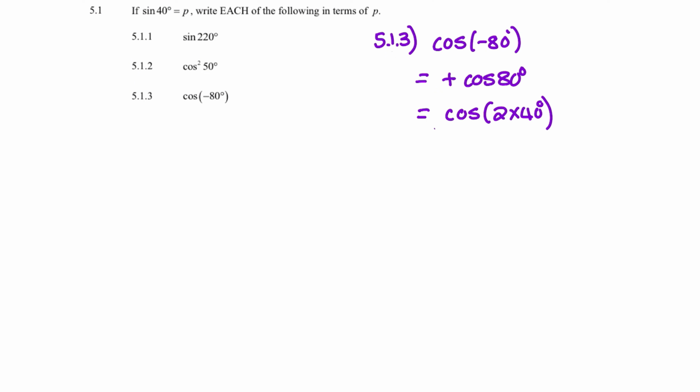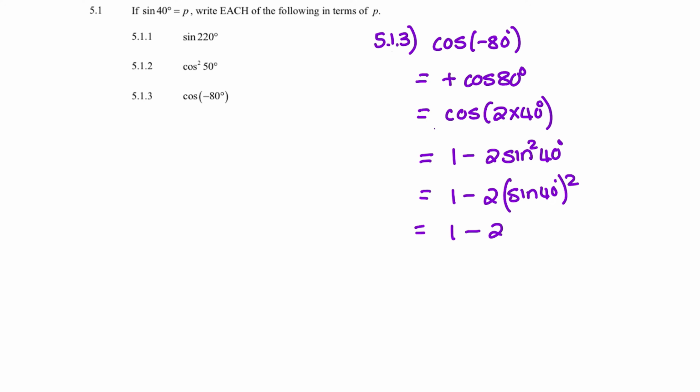So I can rewrite the cosine of 80 as 1 minus 2 sine squared of 40 degrees. Now we have 1 minus 2 with the sine of 40 squared, and that becomes 1 minus 2p squared.